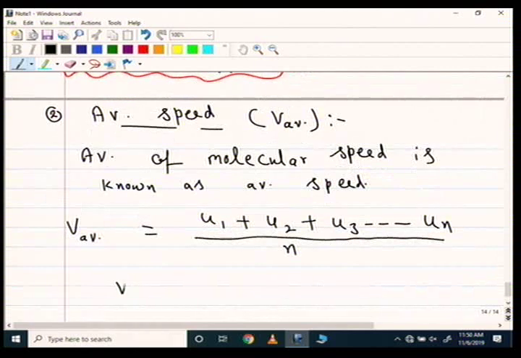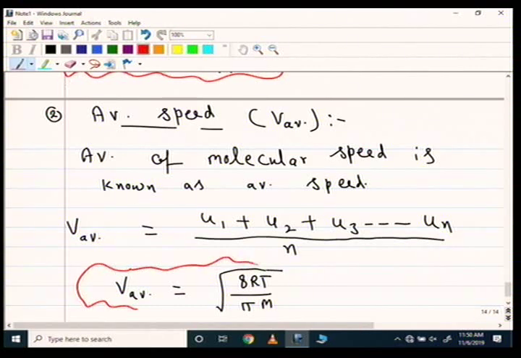And the important formula that we have to remember is this one, root of 8RT upon pi M. This is the formula that we have to remember. Copy. Done?